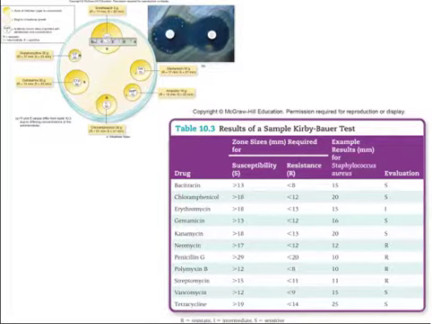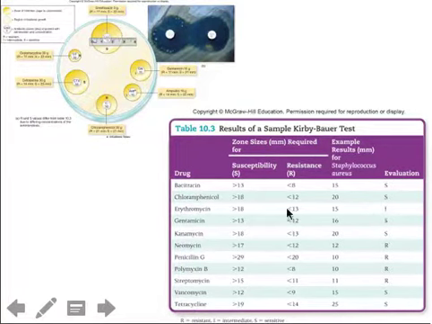And so you can see an example of a typical Kirby-Bauer test. We throw down these little impregnated discs onto the bacterial lawn. You can see what the zone of inhibition looks like. You can measure it with a ruler, and then you can use those findings and compare them to findings in reference material to determine how effective that drug is going to be treating that particular organism.